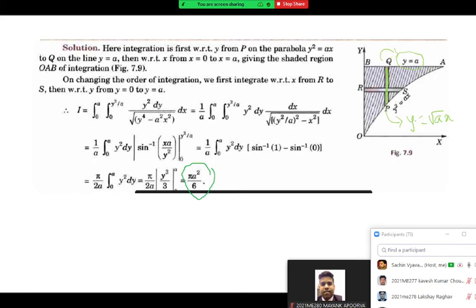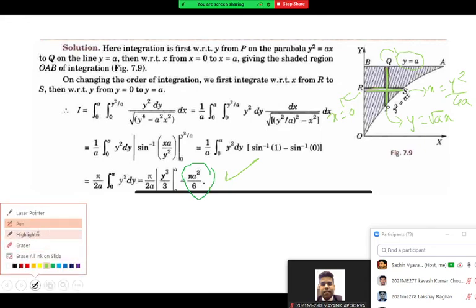So that's the correct region because the original limits are given as root x to a. Then the horizontal strip is drawn, and we observe that x goes from 0 to x equal to y square upon 4a, that is the limit, and we get this pi a square by 6 as the answer. If anyone has a doubt, yes, you can ask.